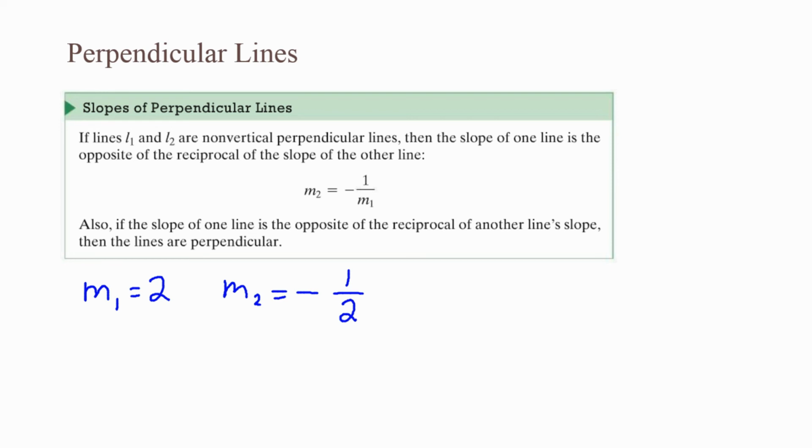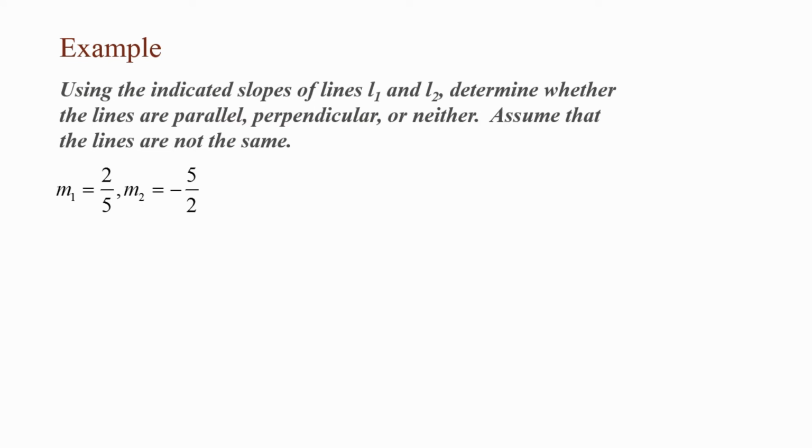An interesting thing about multiplying the slopes of perpendicular lines: if I have 2 times -1/2, then I multiply them, I have -2 over 2, which is -1. I can also test to see if two lines are perpendicular by multiplying their slopes, and the result will be -1.